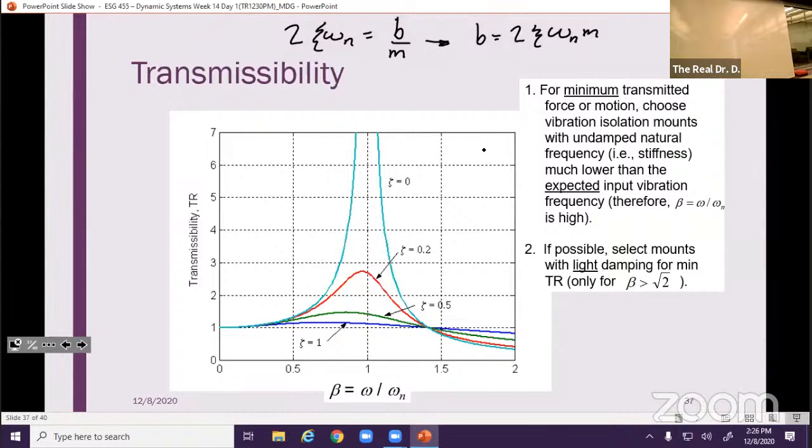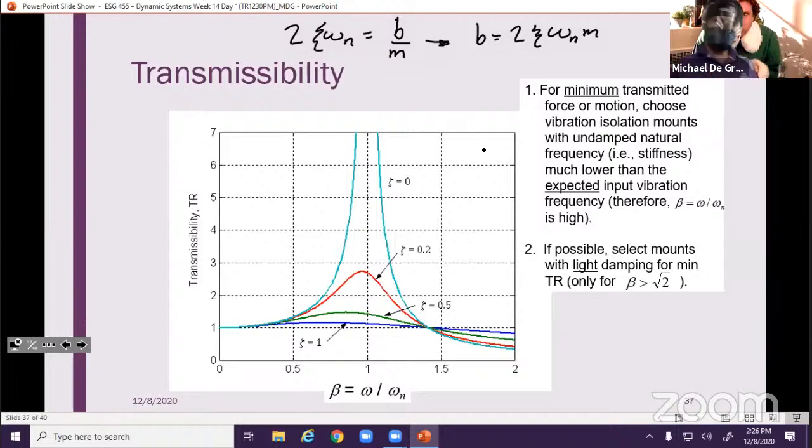Zeta, or B, our damping coefficient, is a function of mass, spring constant, and zeta. If we already decided on k and m, then we can tweak B, or we can tweak zeta, either one, by tweaking B, or vice versa.